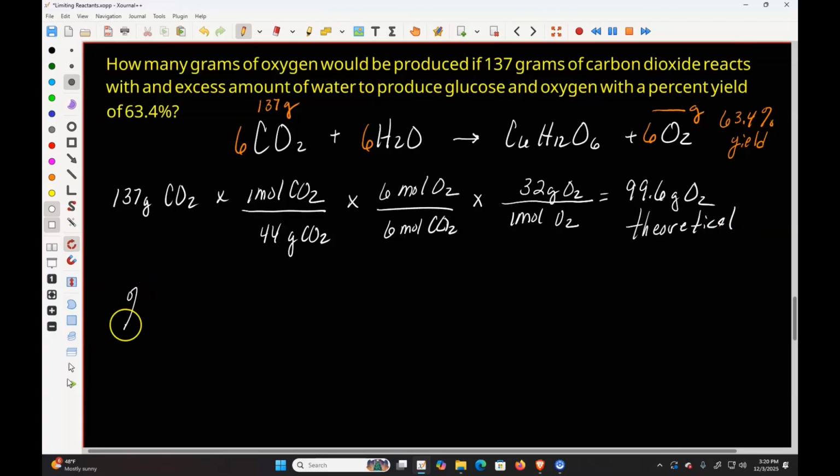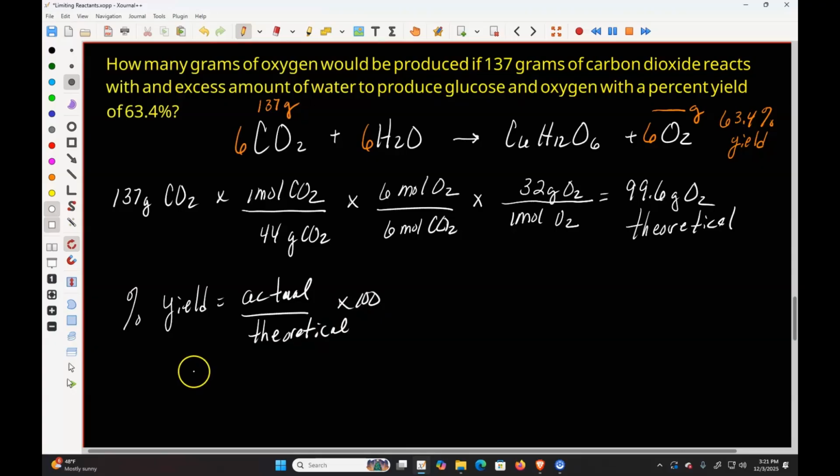So my percent yield is actual over theoretical times 100. So this would give me 63.4. It's equal to actual, which I do not know. I'm going to place an X there, over my theoretical, which is 99.6 times 100.